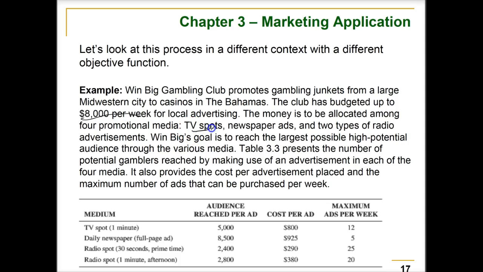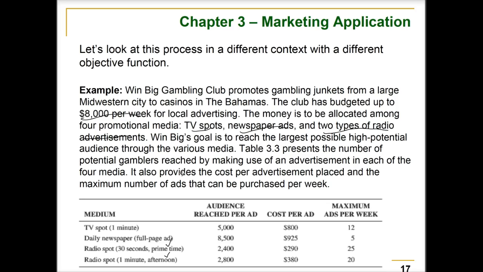So in other words, we want some TV spots, we want some in the newspaper, and we want to do 2 types of radio advertisements, which we see here are going to be prime time, 30-second slots, as well as the 1-minute afternoons. And the table down here sort of gives us information about those different media and time slots.